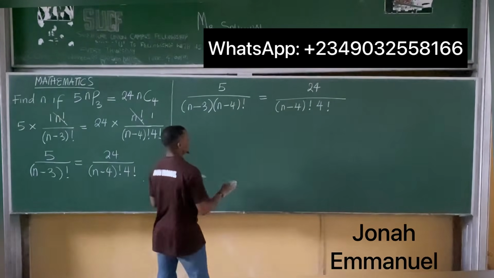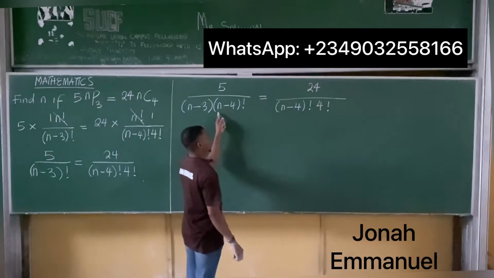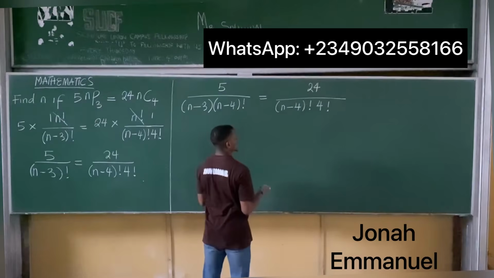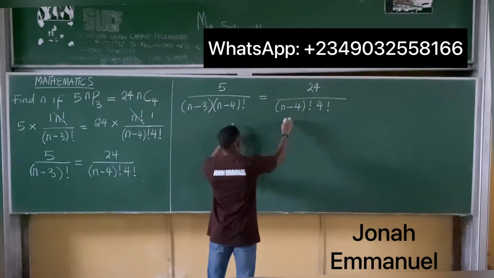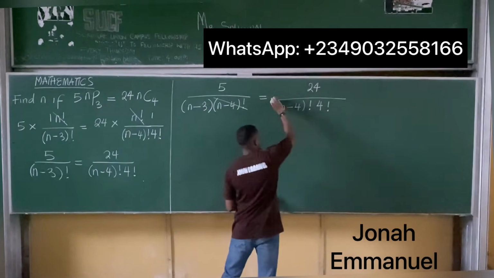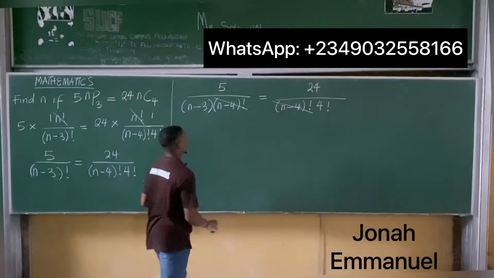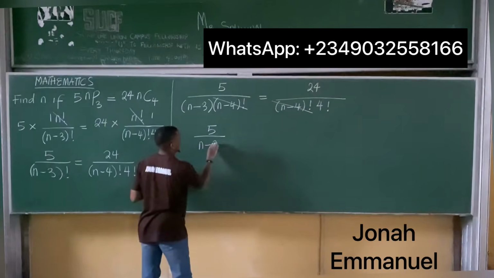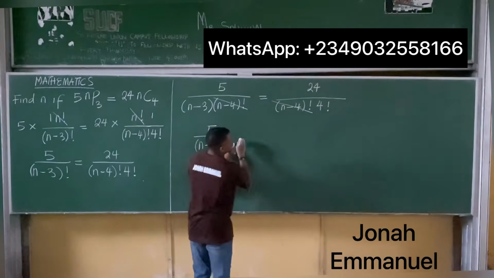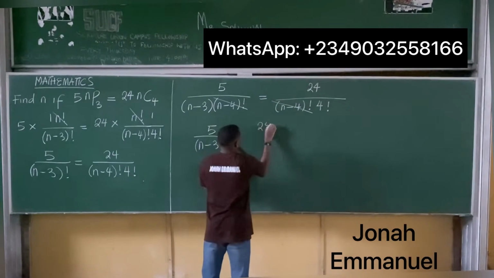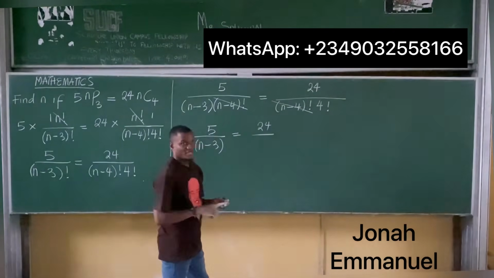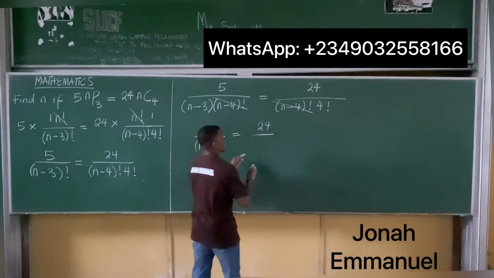So I'm having the same thing, n minus 4, on the same part of both sides of the equation, which is the denominator. So this one can cancel this one here. So I'm left with 5 all over n minus 3 is equal to 24 all over 4 factorial. 4 factorial is 4 times 3, that's 12, times 2, that's 24.